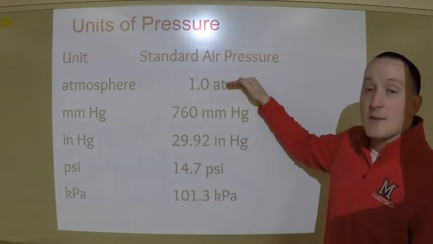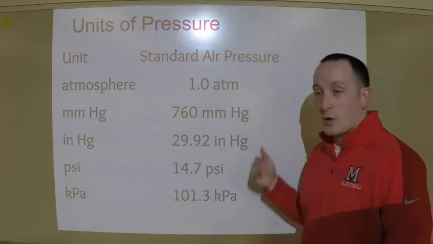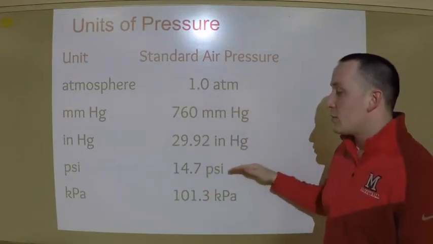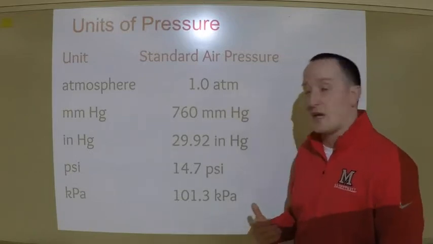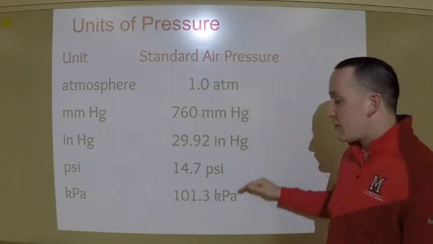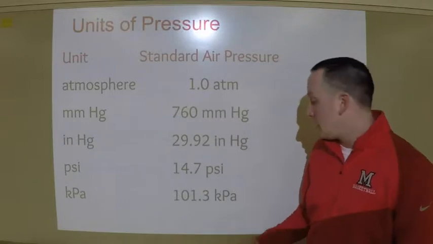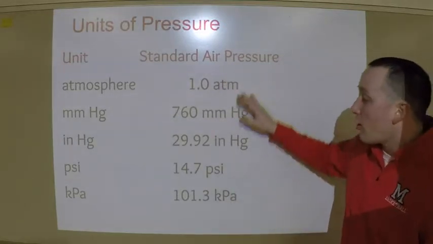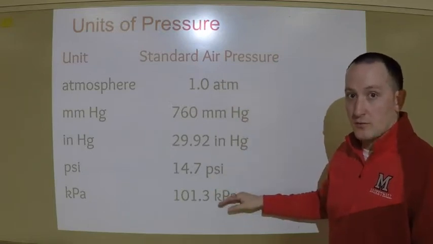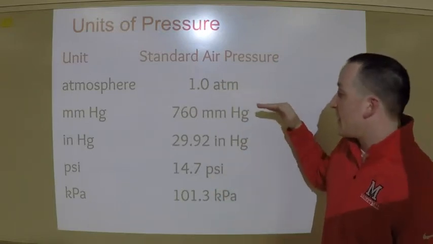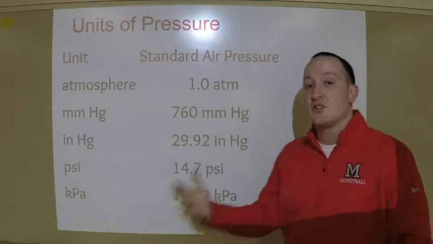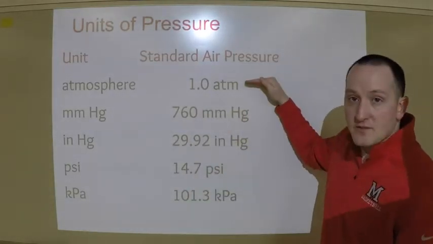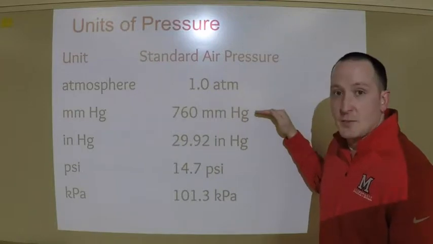So in other words, 1 atmosphere is also equal to 29.92 inches of mercury. 1 atmosphere is also equal to 14.7 psi. 1 atmosphere is also equal to 101.3 kilopascals, or kPa. So all of these units are equal to each other. This many atmospheres is the same thing as this many millimeters of mercury. Just like 1 dozen is equal to 12, 1 atmosphere is equal to 760 millimeters of mercury.